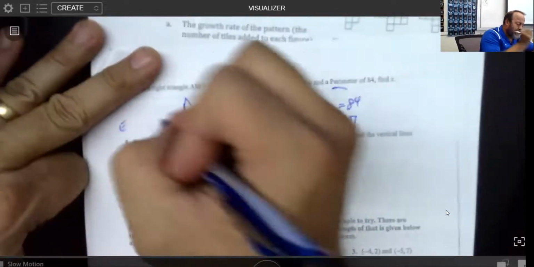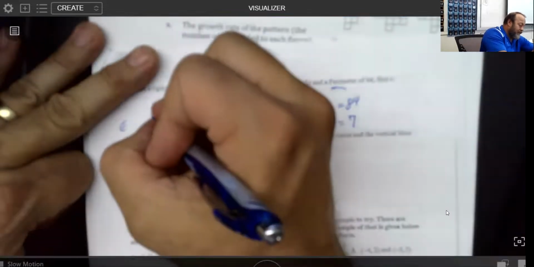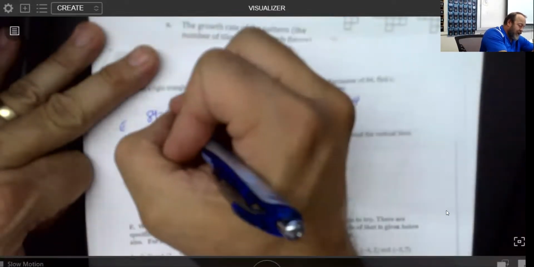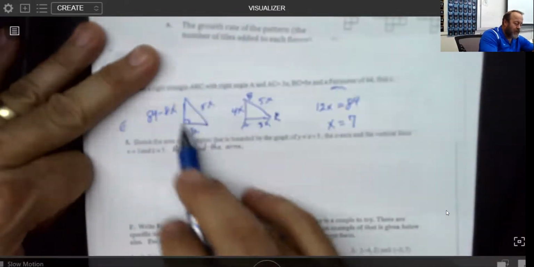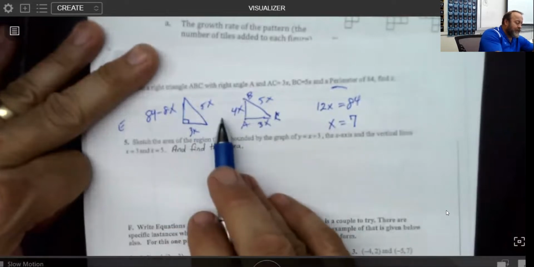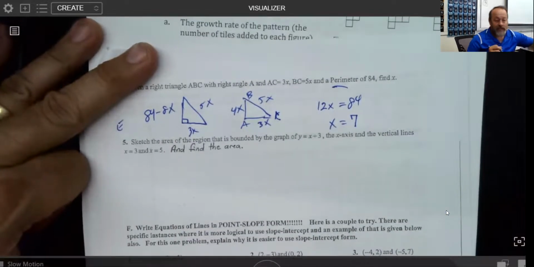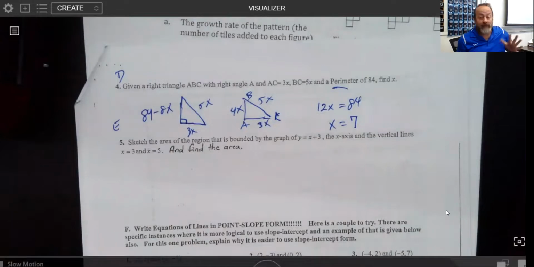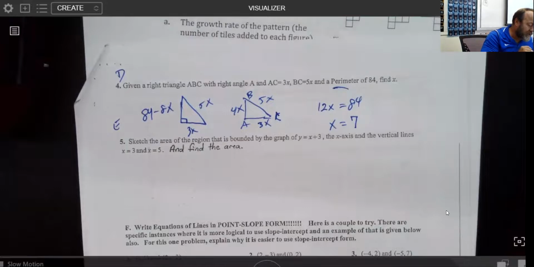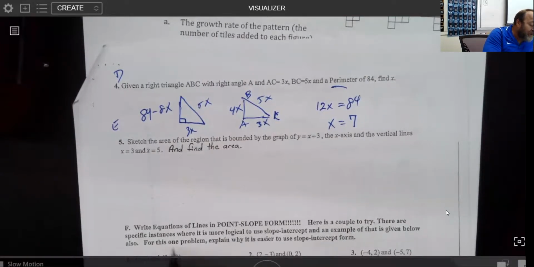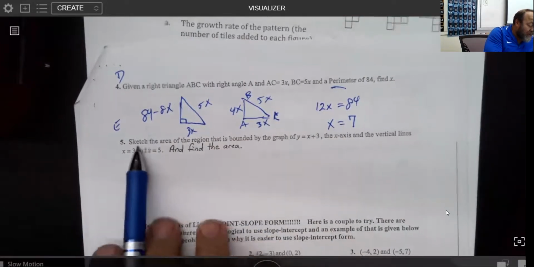I could call this thing 84 minus 8x, because if the whole thing is 84 and I took off these two, oh my goodness, I could call that 84 minus 8x, and I could do the Pythagorean theorem on those three things put together, but woof, that'd be gross. Much easier to realize that that's a 3, 4, 5. Okay, moving on.